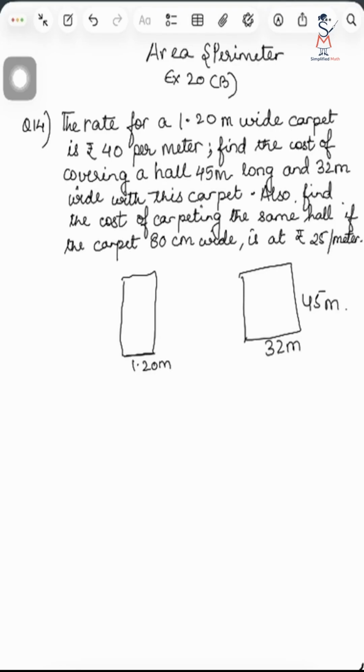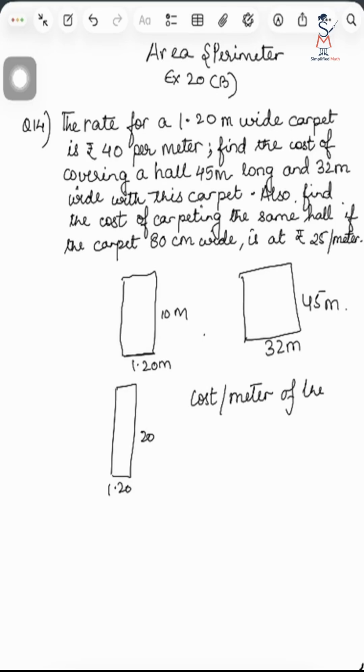If you take 10 meter, the width will be the same. If you take 20 meter, the width will remain the same. The width will not change, and the cost per meter of the carpet is the cost for the length.